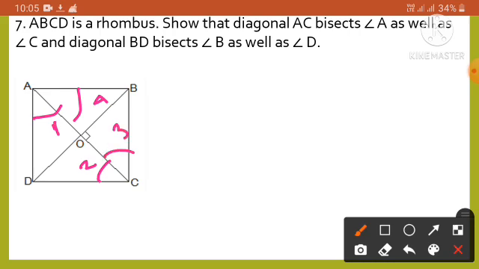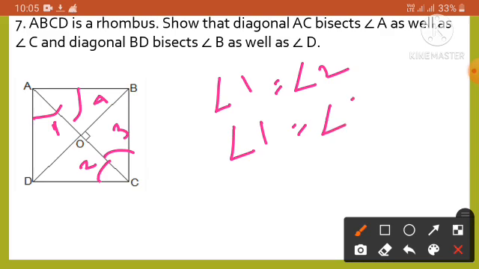So we got that angle 2 equals angle 3, because we know angle 1 equals angle 2 here and angle 1 equals angle 3 here, as already learned. So we can say that angle 2 equals angle 3. That means DCA is equal to BCA here.